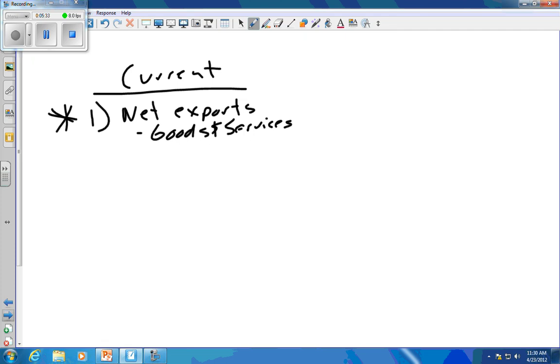The next part is what's known as net foreign income. And this is going to seem more confusing to read and to write down than it is to actually understand.